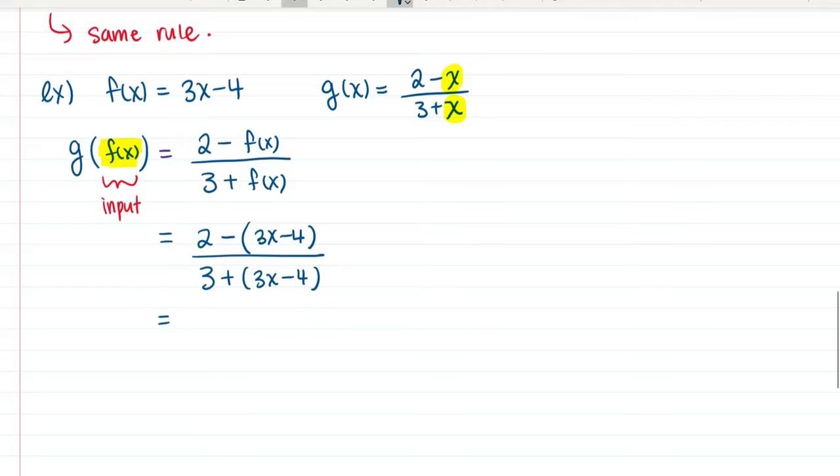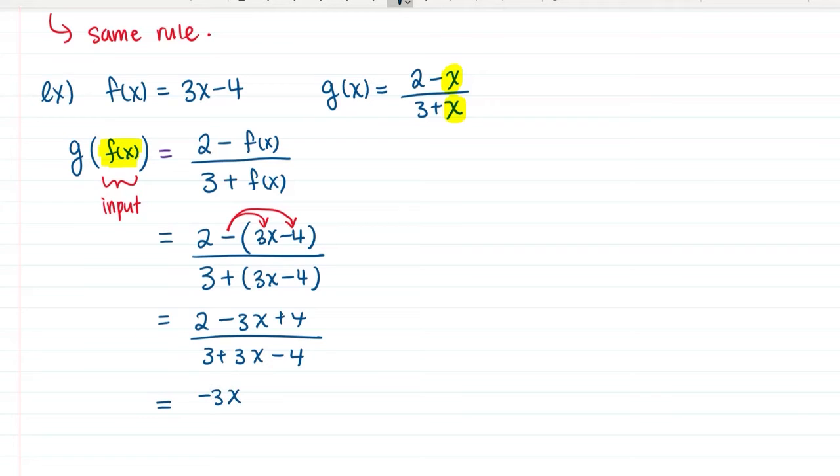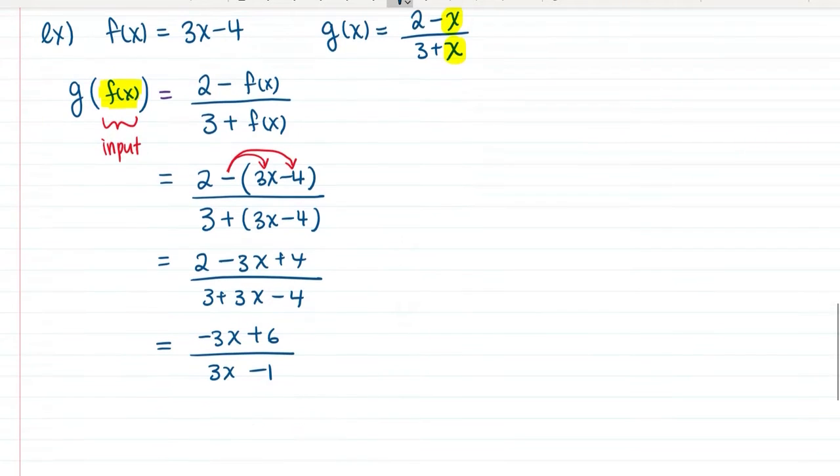Okay, once you have that, let's distribute this negative sign, the subtraction sign, into the brackets. So that will be 2 minus 3x plus 4 over 3 plus 3x minus 4. Let's simplify, and that will be negative 3x plus 6 over 3x minus 1. And that is our answer for g of f of x.